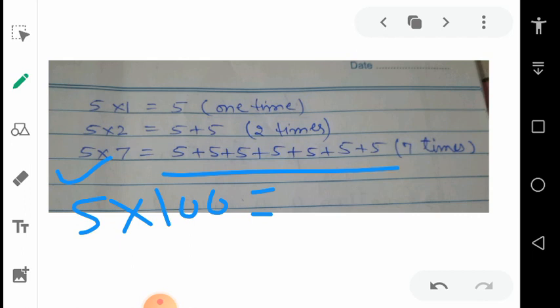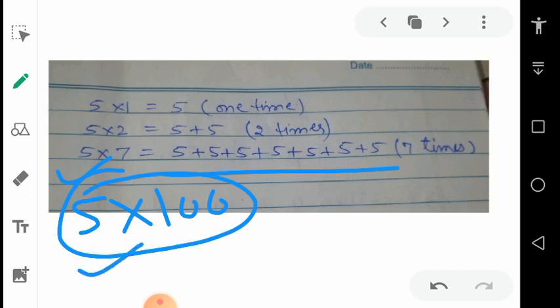Obviously not. Then we write this repeated addition in a shorter way, that is 5 multiplied by 100, and we get the answer.